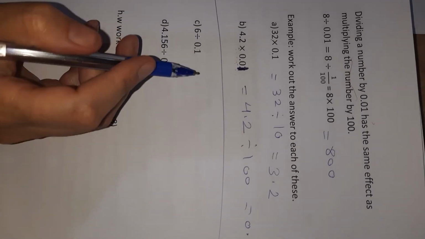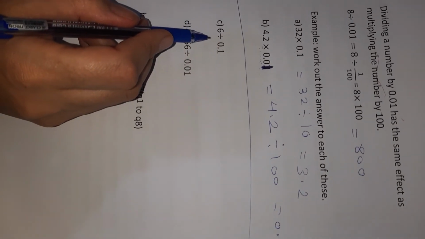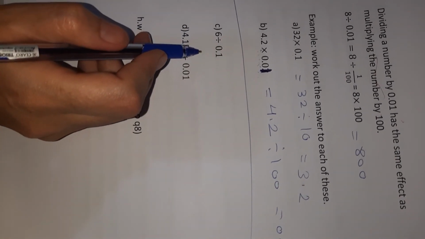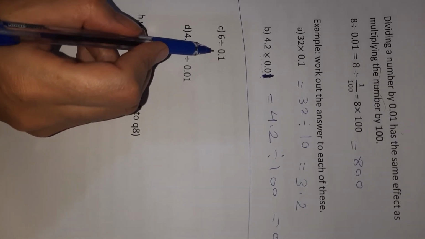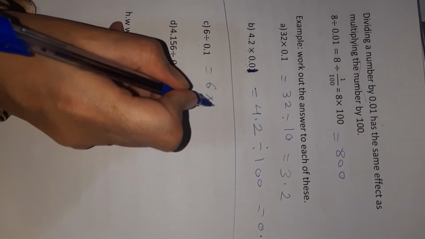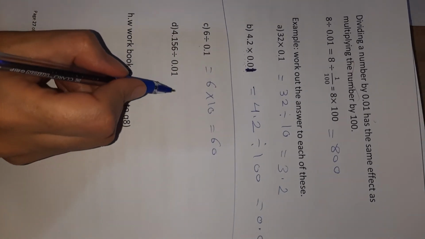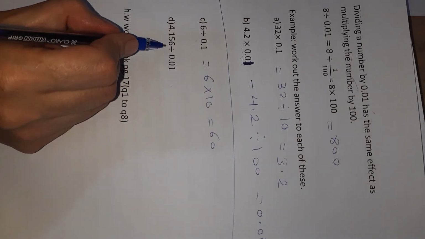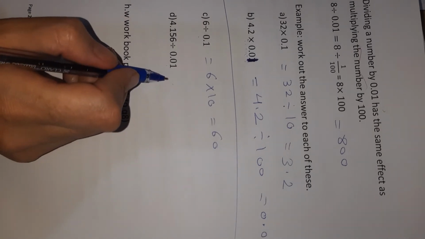Now for dividing. The third one, 6 divided by 0.1. Dividing by 0.1 is the same as multiplying by 10. 6 times 10 is 60. Next, dividing by 0.01 is the same as multiplying by 100.